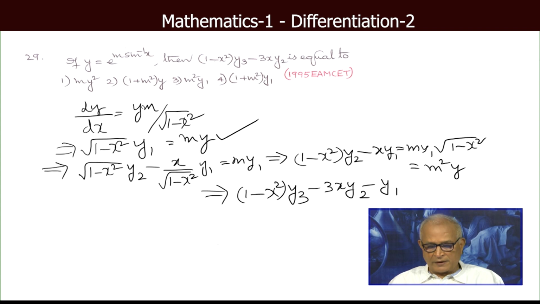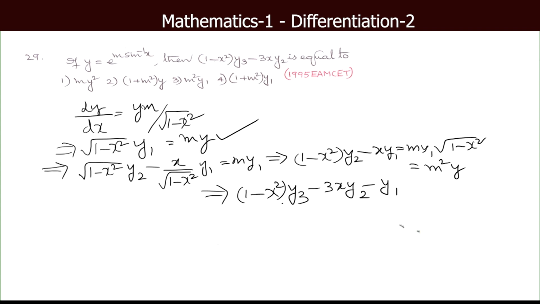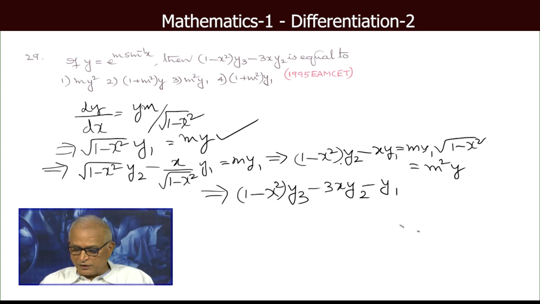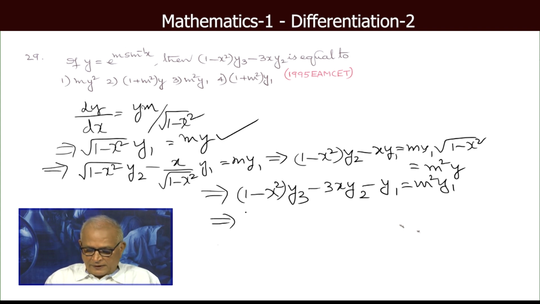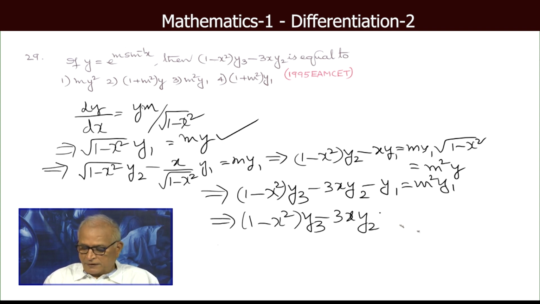Follow? 1 minus x square into derivative of y2 is y3 plus y2 into derivative of 1 minus x square, which is minus 2x, minus 2xy2, minus xy2, minus 3xy2, minus y1 into derivative of x, equal to m square y, derivative is m square y1, m square is constant. Or 1 minus x square into y3 minus 3xy2 is equal to 1 plus m square into y1, which is the fourth option.